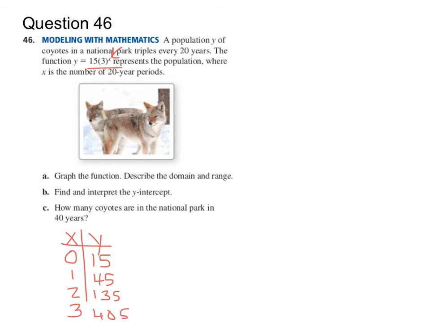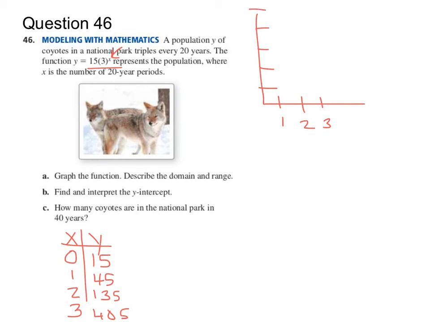So to graph that, I'd have 0, 1, 2, 3. I'm not labeling very well here, but you get the idea. Then I have to go up to 405, or if you just chose to go up to 2, that's fine too, but I'm going to go up by hundreds here: 100, 200, 300, 400, 500.